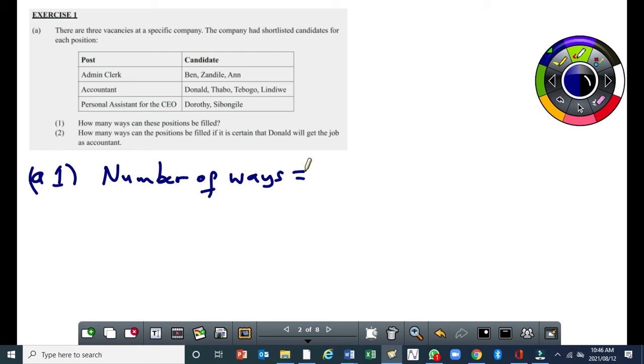We start with the first task, which is the admin clerk. There are 3 people. So based on the fundamental counting principle, we get 3 times the number of people shortlisted for the accounting post, 4, times the number of people shortlisted for the PA to the CEO, that's 2. So the answer there will be 24 ways.